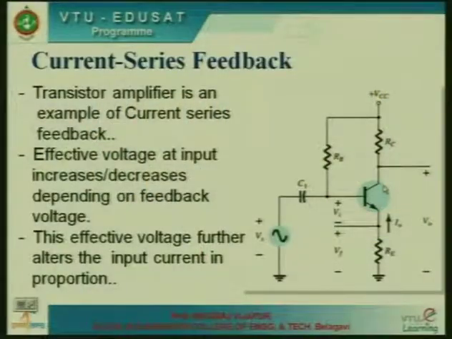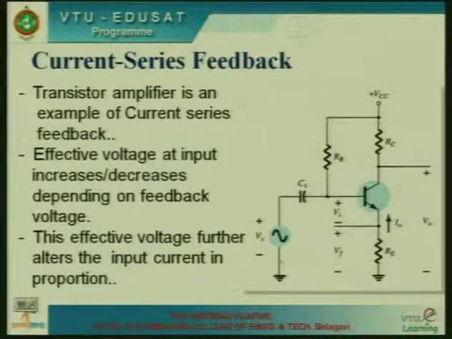This is a well known example, which all of us have used in the previous sessions. This is the most popular configuration of BJT, the common emitter configuration. Here the transistor is connected in common emitter configuration.